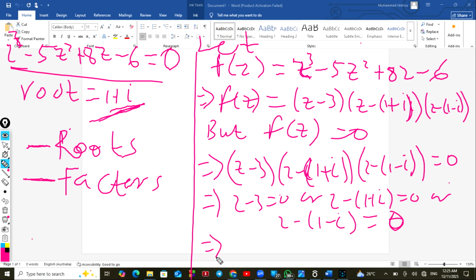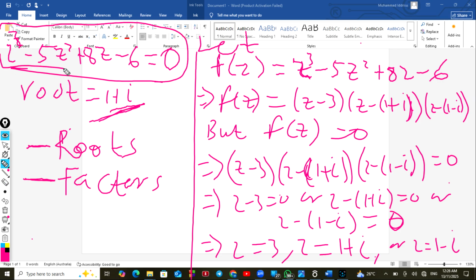Which means z is equal to 3, z is equal to 1 plus i, or z is equal to 1 minus i. So we now have all the roots. 3 is a root of z cubed minus 5z squared plus 8z minus 6 is equal to 0. And then 1 plus i is also a root, and then 1 minus i is also a root.